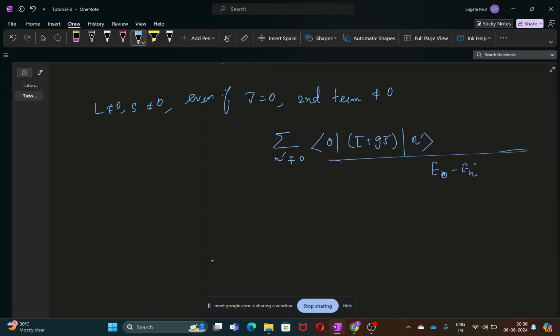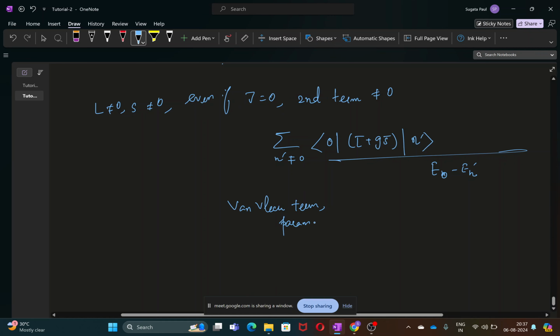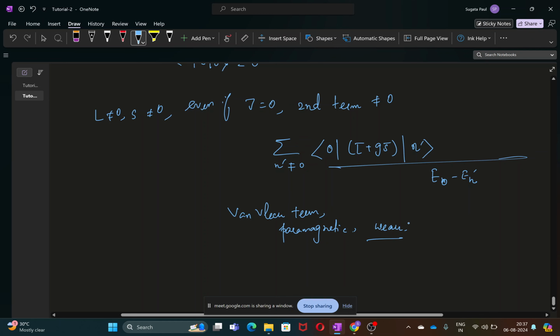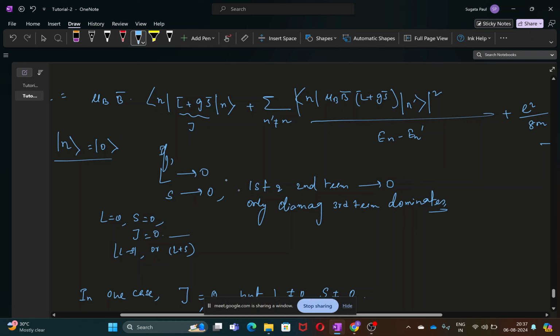Okay, so this term is not vanishing, and this is called your Van Vleck susceptibility term, Van Vleck magnetization term, and this is paramagnetic because this will be a positive contribution to magnetization or susceptibility, so it is paramagnetic, and this is very weak. Okay, so this will only be effective in the case when the first term is 0. So then only we can see the effect of this Van Vleck term.